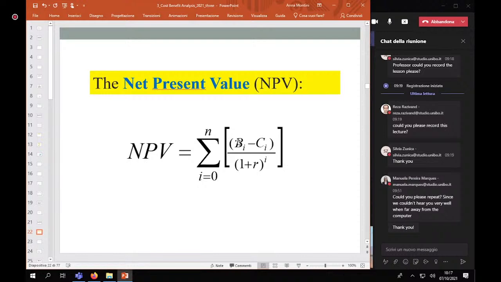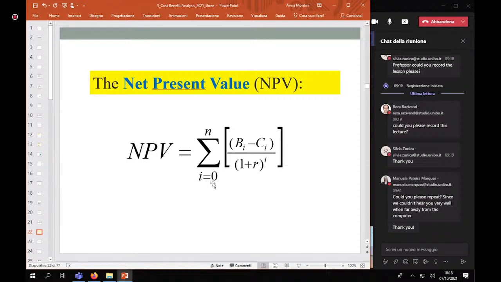For i equal to 0, it means that you have to consider benefit for year 0, for the present, cost for the present, the net benefit for the present, divided by (1 + r) to the power of 0. But (1 + r) to the power of 0 means 1. So, if you consider the starting point with i equal to 0, you have to consider the net benefit for the first year.